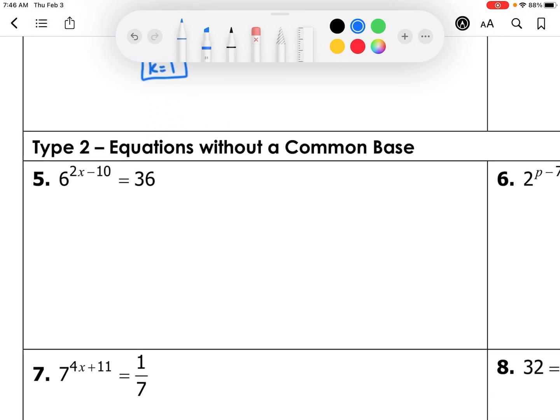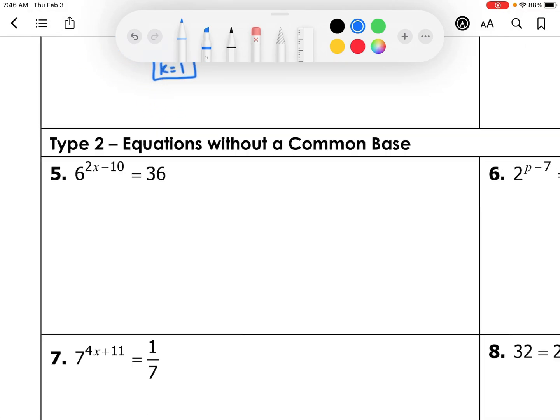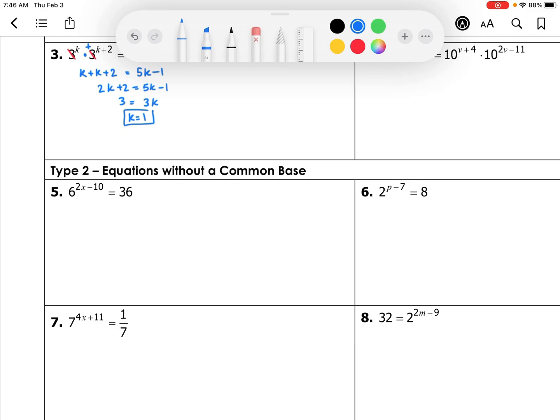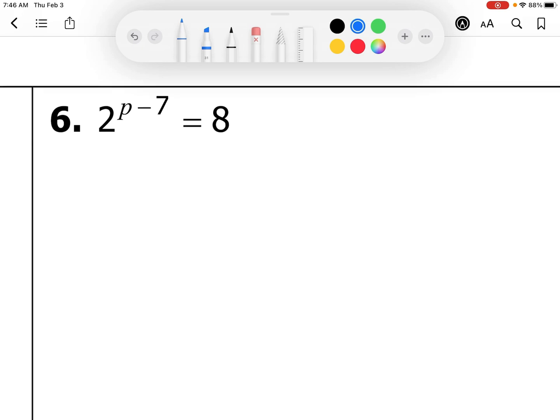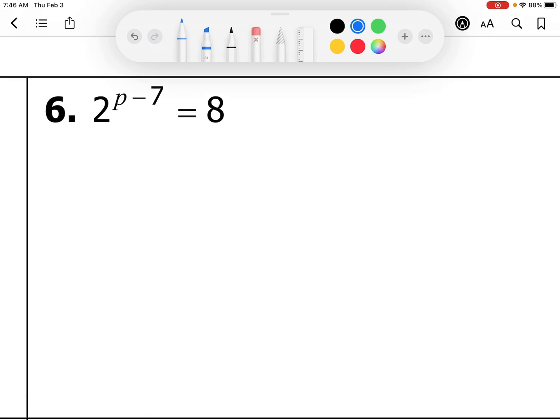Moving on, what if the equations don't have the same base? Let me show you what I mean. Let's do maybe number 6 to start. So we have bases of 2 and 8. They're not the same. So we need to convert one of the numbers or both of the numbers to look like the other.